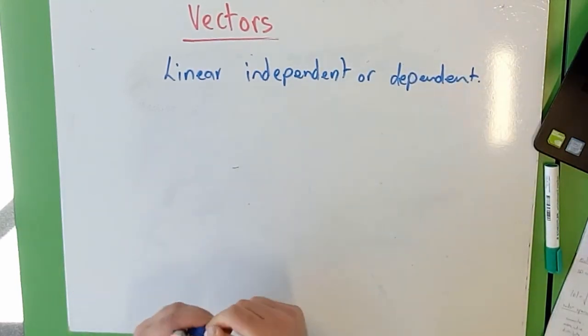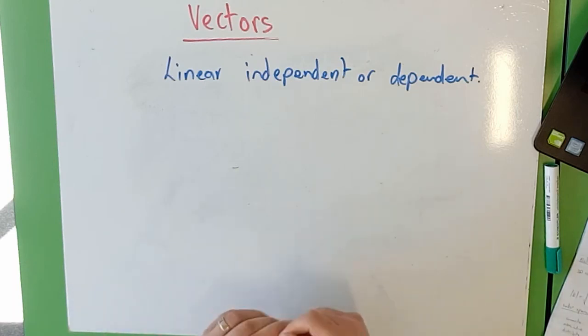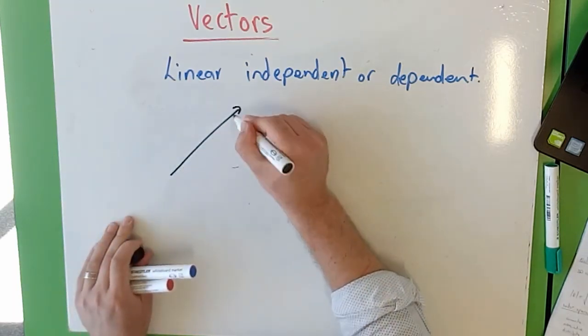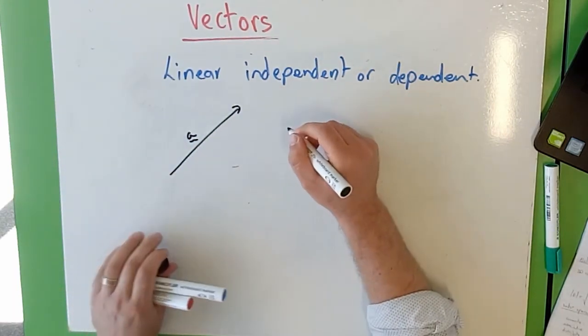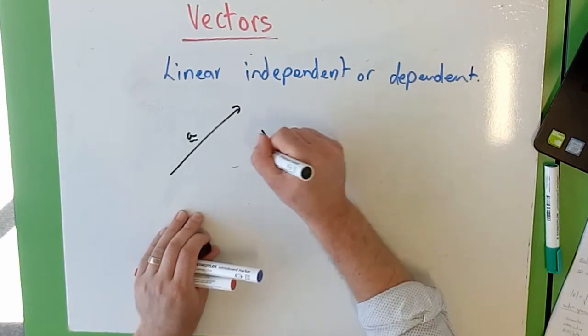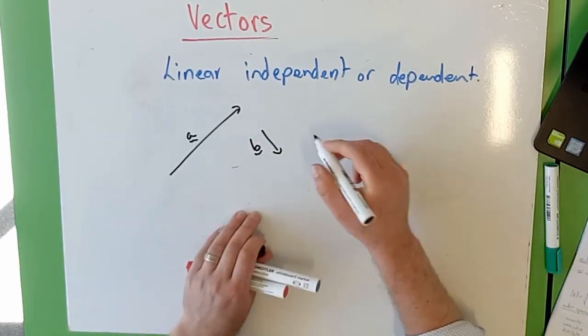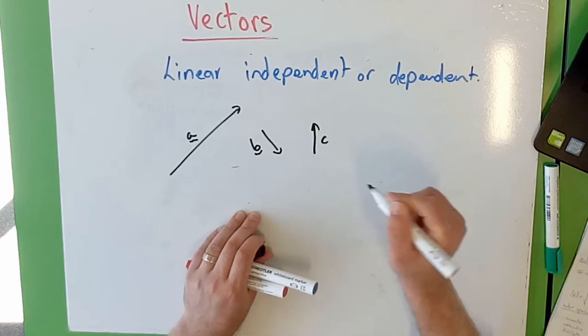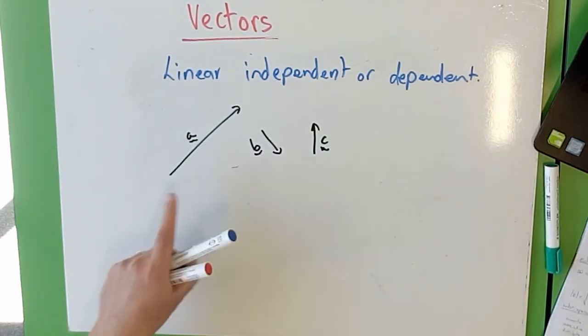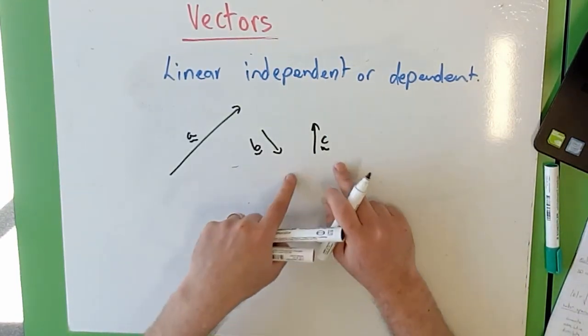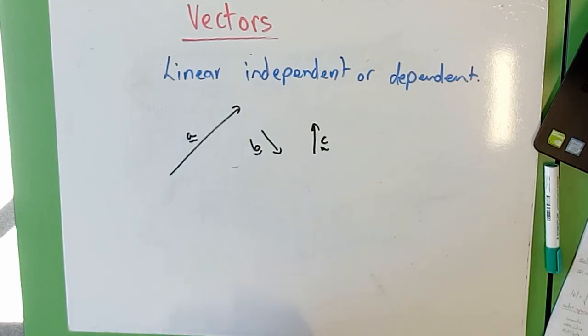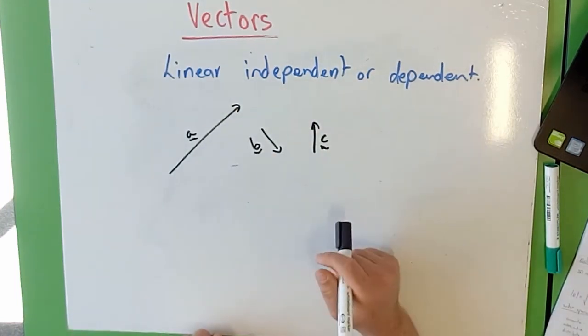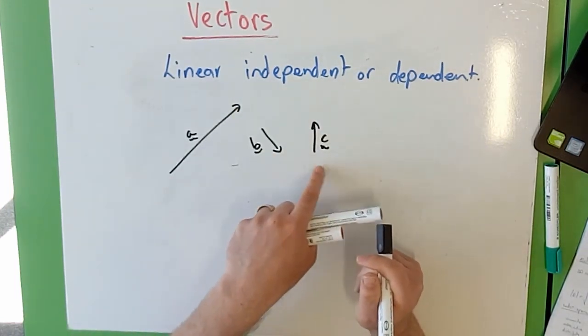Okay, so the easy way to think of this, just say I have three vectors: vector A, vector B, and vector C. In 2D, it's easy to understand this. Can I write vector A as a linear combination of these two vectors?